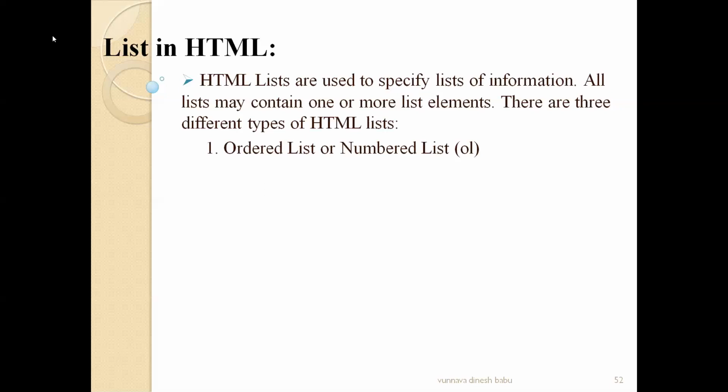So this type of list is specified with numbers, capital letters, small letters, or Roman numbers. The list which is specified with any one of these things, numbers or characters, lowercase or uppercase, or Roman numbers, this type of list is called an ordered list. And the other name for this ordered list is numbered list.